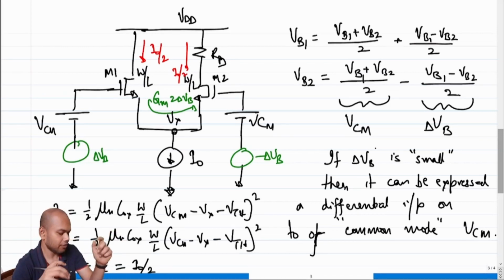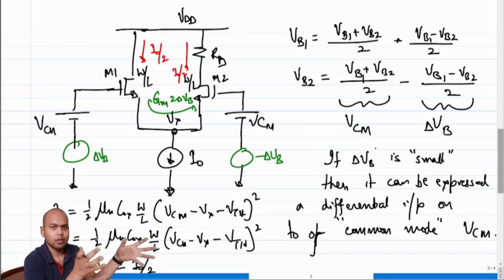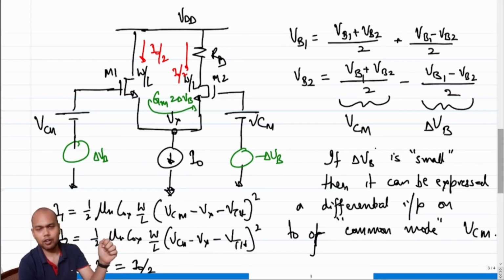And whatever input we might be applying at their gates, whether the difference in input is because of difference in bias voltages or some other input difference, we will relegate all of them as if they are part of some input.